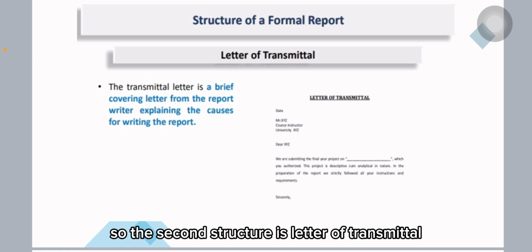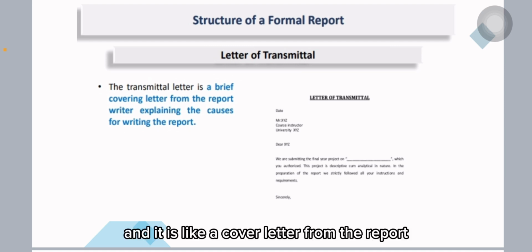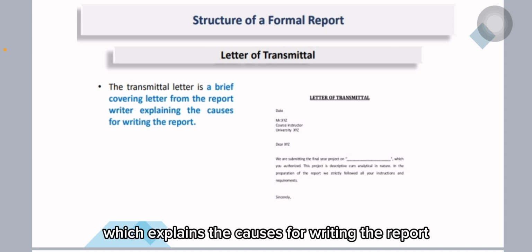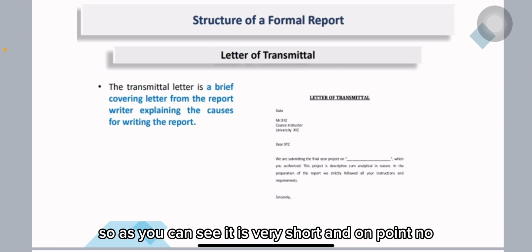The second structure is the letter of transmittal. It should be brief, and it is like a cover letter for the report which explains the reasons for writing the report. As you can see, it is very short and on point.